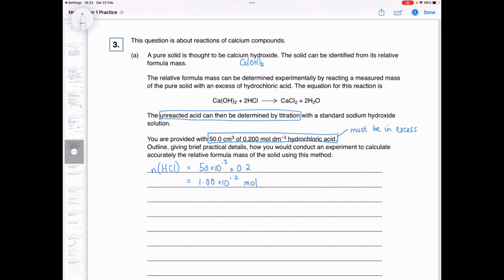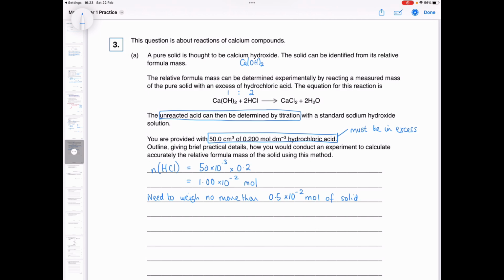So we must weigh out a smaller amount, taking into account the 1 to 2 mole ratio that we've got here. So we need to weigh no more than 0.5 times 10 to the minus 2 moles of solid.